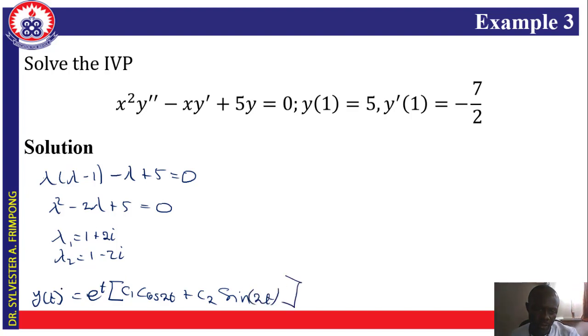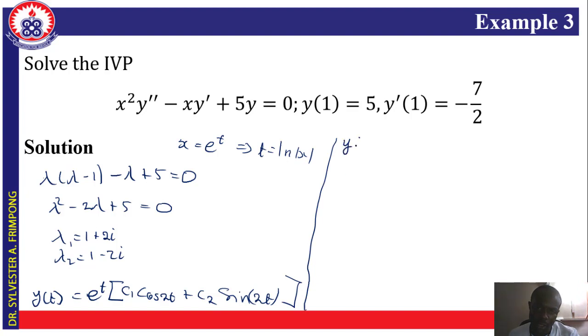Do not forget that we are talking about Cauchy Euler, and we write the characteristic equation using the transformation x equal to e raised to the power t, which implies our t is ln x. So the solution in the first stage is in terms of t.